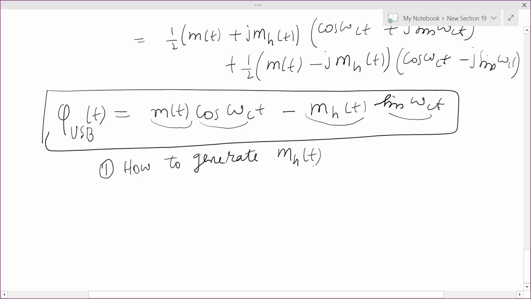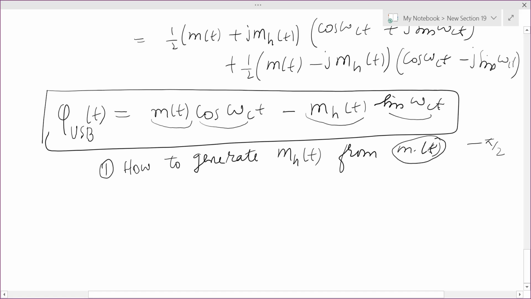So we just now, after deriving rigorously the Fourier transform of mh of t in terms of that Signum function and all those, the final conclusion we got: if you want to generate mh of t from m of t, what you have to do in frequency domain, for positive frequencies, you have to shift each and every frequency by minus pi by 2.